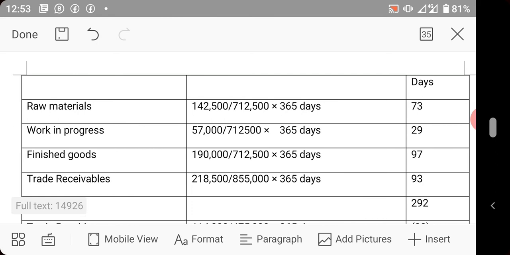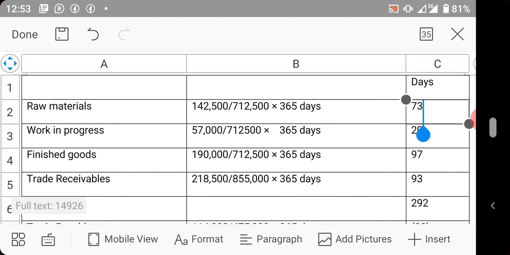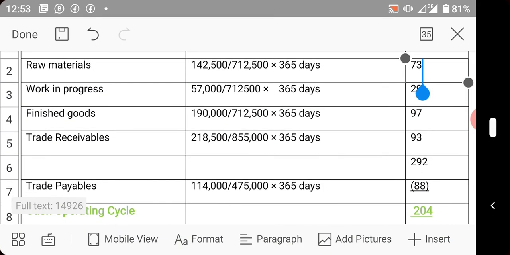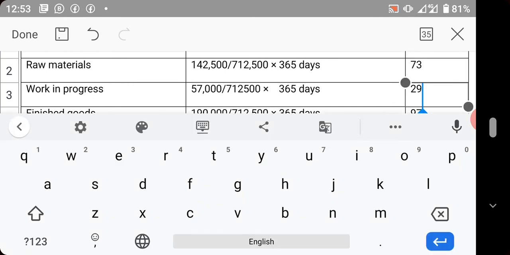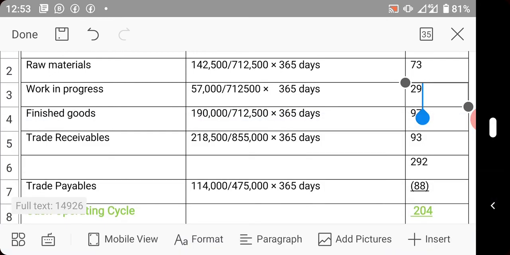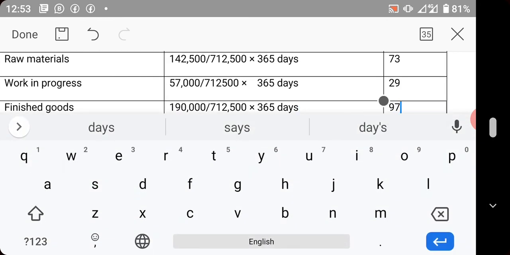You now go to the question. The value of raw material is 142,500 divided by 712,500 times 365 days. That will give you 73 days. Then for work in progress, the value of work in progress divided by cost of goods sold times 365 will give you 29 days. For finished goods, same will give you 97 days.